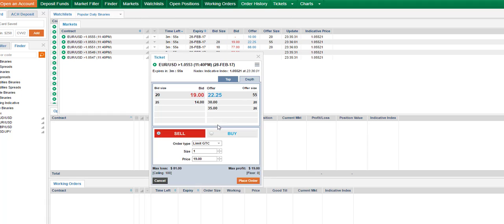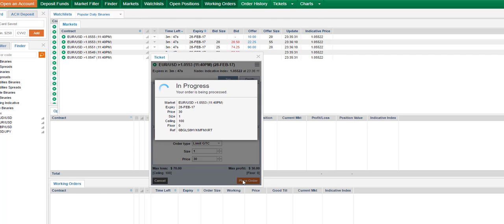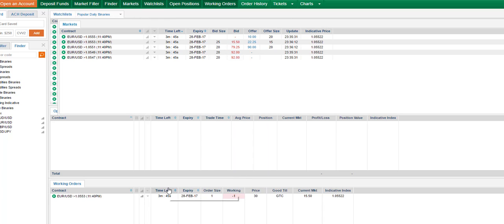I'll use the 0553. I'm going to put a working order for the number that I want, even though it's sitting at 20 right now, and some people could take that as an ITM trade. I'm price level trading here, and I'm using a working order at the $30 level. In the previous videos, I've told you to stay about $30 on the sell side and 70 on the buy side, right?